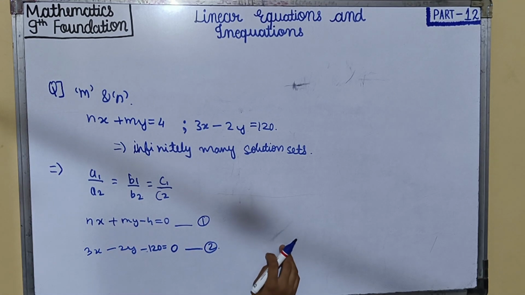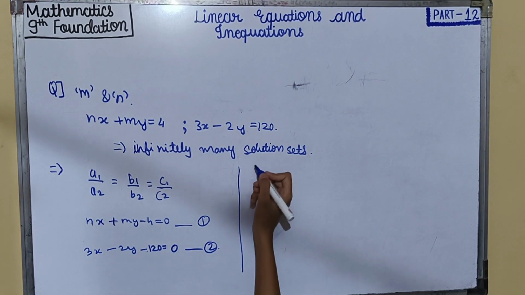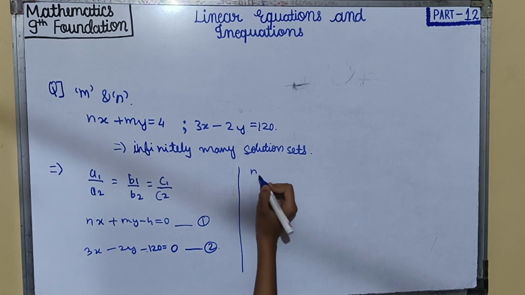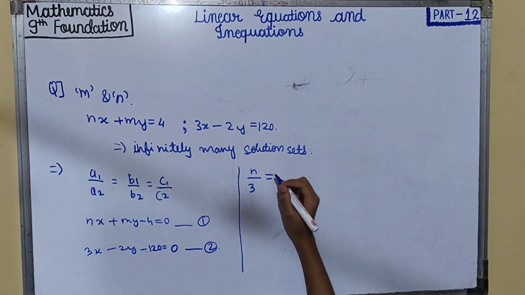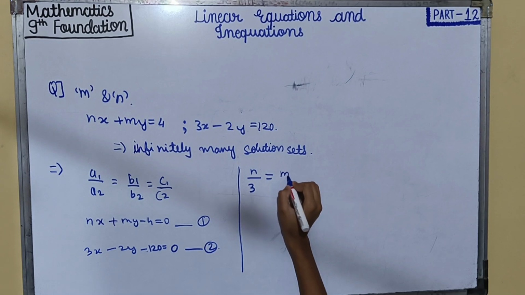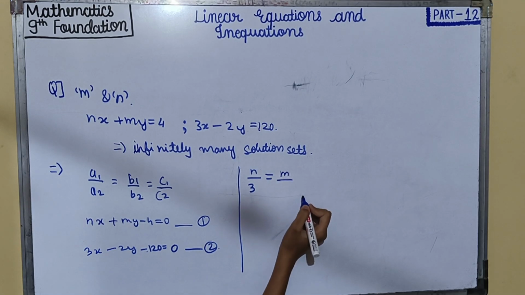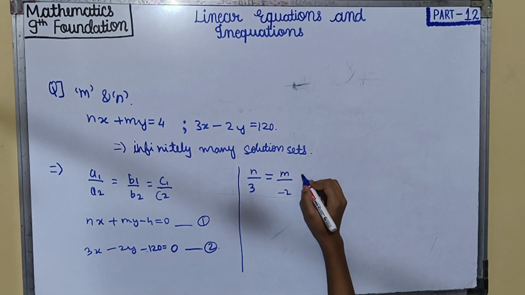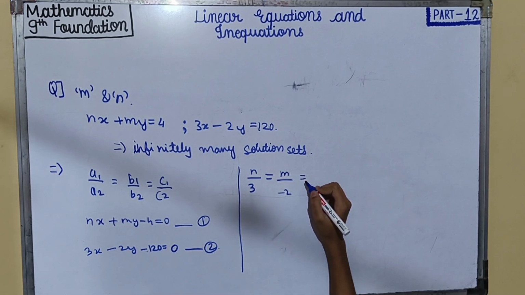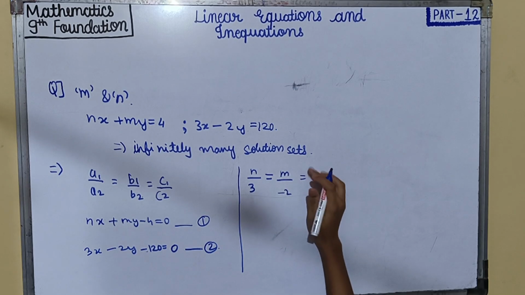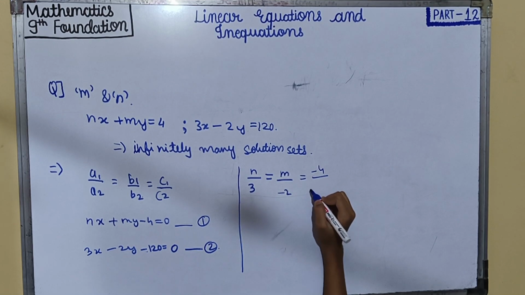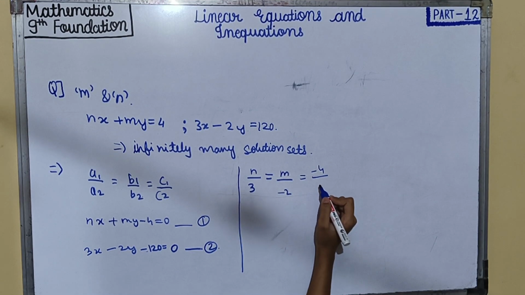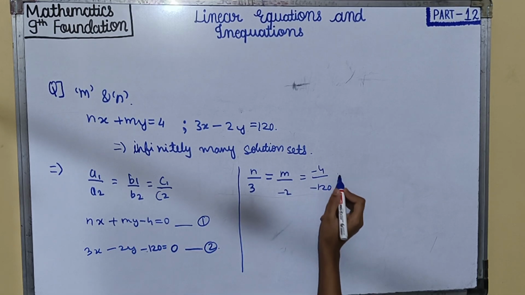Now over here we have to find the value of n and m. So the coefficient of x in the first equation is n, the coefficient of x in the second equation is 3, equal to, according to the condition, the coefficient of y in the first equation, m, upon the coefficient of y in the second equation, -2, equal to the constant in the first equation, -4, upon the constant in the second equation, -120.